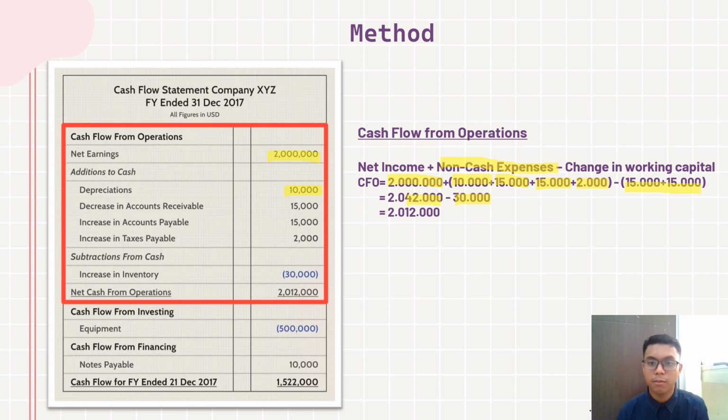And cash flow from operation is 2,042,000 minus 30,000 equals 2,012,000.